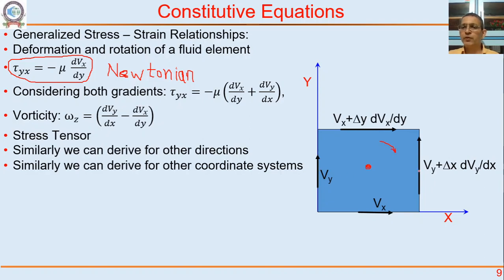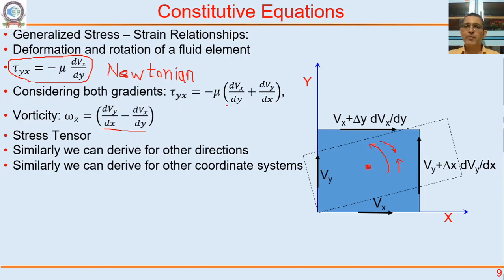The force here is going to cause a net torque in this direction, and the resulting torque is going to cause a rotation of this fluid element about its axis. So the rotation is going to be related to the difference between the two velocity gradients. That's going to cause rotation. But both these gradients are going to deform this direction as well as this direction. So there is a net deformation, and then there is a net rotation.